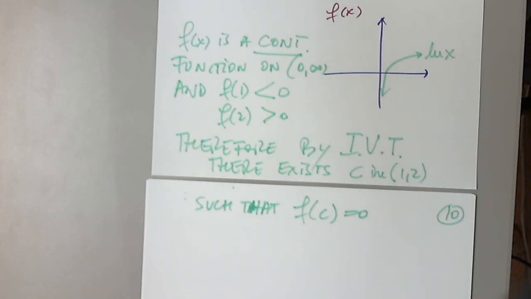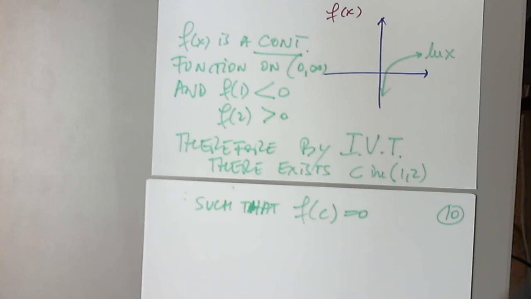If the two hypotheses hold, if the function is continuous and it changes sign, either from negative to positive or from positive to negative, there must be a solution between those two endpoints of the interval. Is this clear? Does it make sense? Yes? Okay, that's the intermediate value theorem.